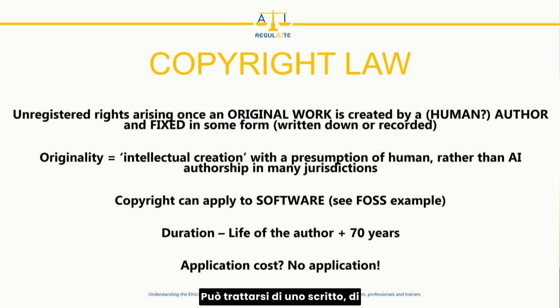It could be a piece of writing, it could be a piece of music, or in the case of AI, it may be a piece of software. Software is protected under copyright because the underlying code is seen as a form of writing. And so software is one of the key copyright works that you will be using.